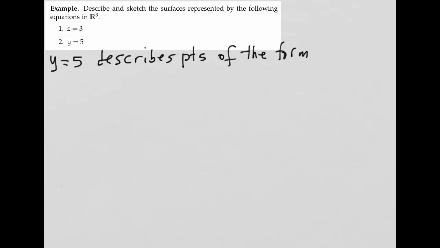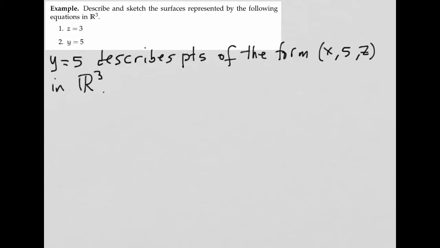Next, let's see what the equation y equals 5 in R3 describes. What kind of surface? So we'll say y equals 5 describes points of the form (x, 5, z) in R3.